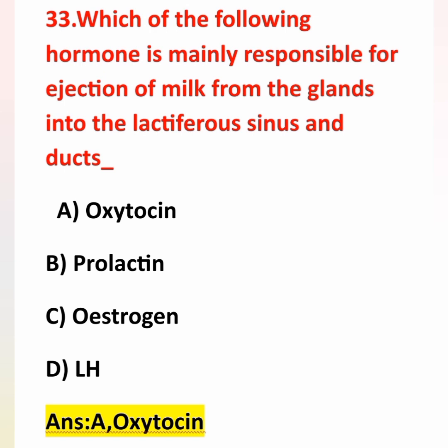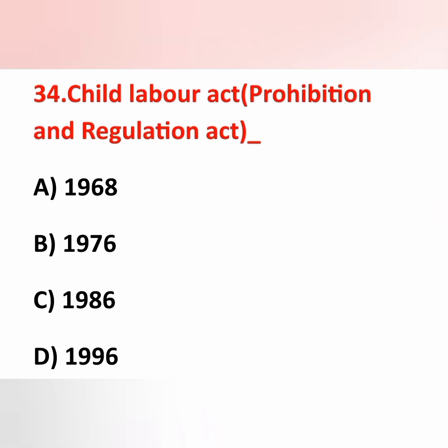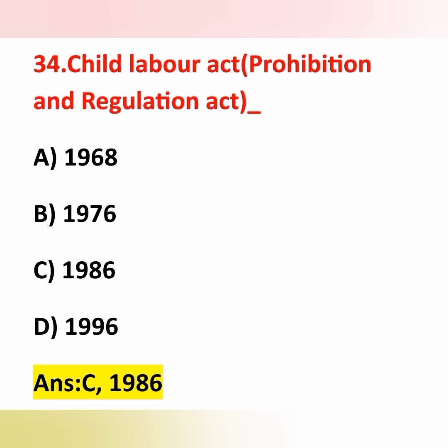And the next question, Child Labour Prohibition and Regulation Act, is in option A 1968, option B 1976, option C 1986, and option D 1996. Child Labour Prohibition and Regulation Act, option C, 1986 is the correct answer.